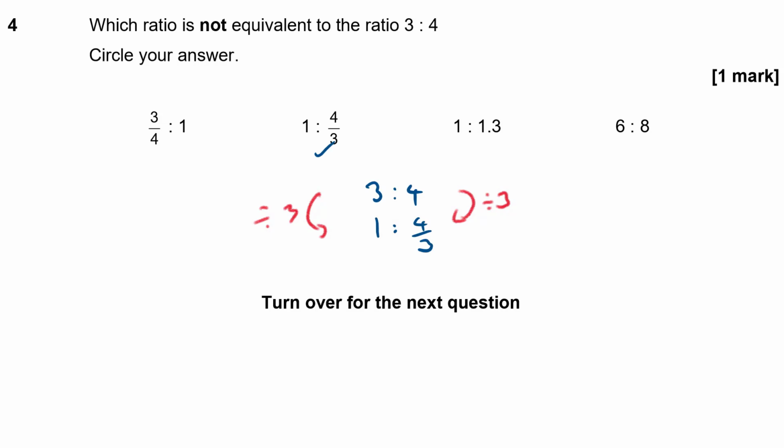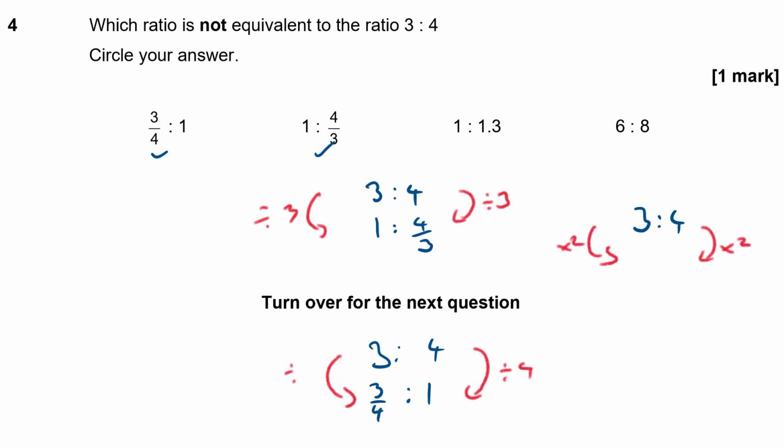If I made the 4 into a 1, so if I divide it by 4 on this side and 4 on this side, that's going to give me 3/4 to 1. So that one is okay. And if I take 3 to 4 and I times it by 2 on both sides, that's going to give me 6 to 8. So that one is okay. So just by a process of elimination, that one must be the one that isn't equivalent to 3 to 4.